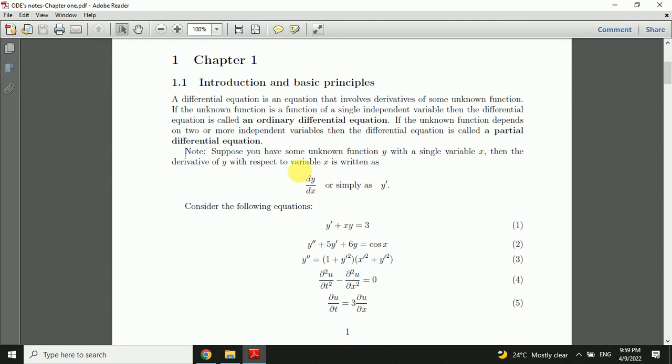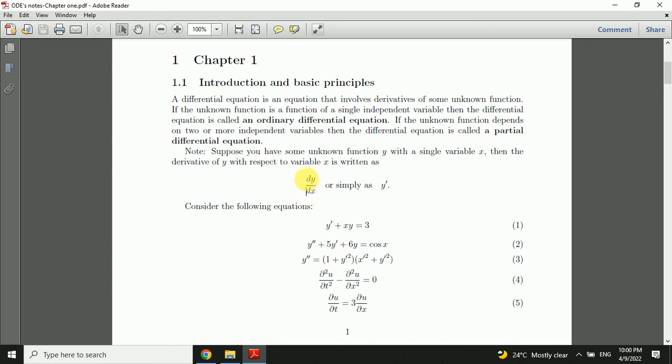Okay, so then the derivative of y with respect to x. When we are differentiating a function, instead of saying differentiating y with respect to x, you can also say that you're getting the derivative of y with respect to x. Mathematically, that statement can be written as shown here: dy/dx. This means you have an unknown function y and you're differentiating it with respect to x.